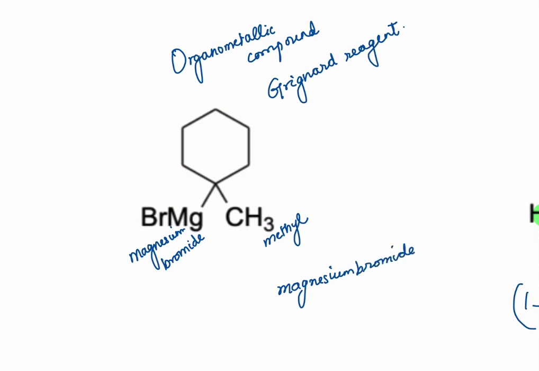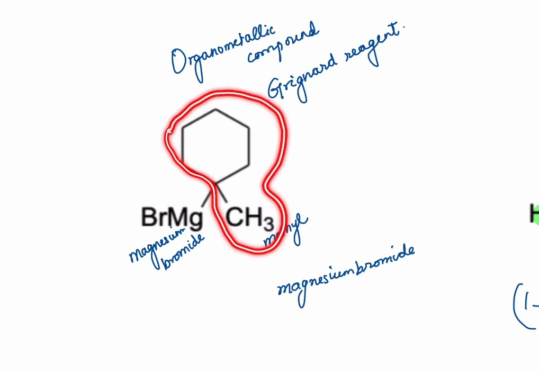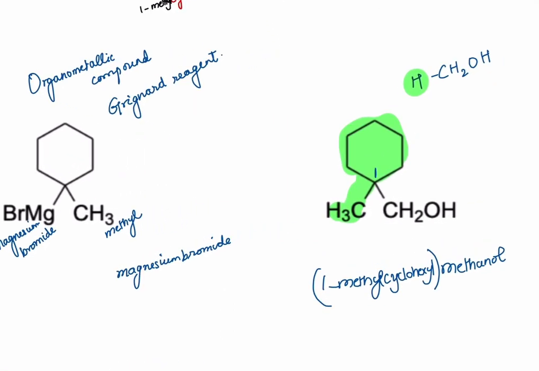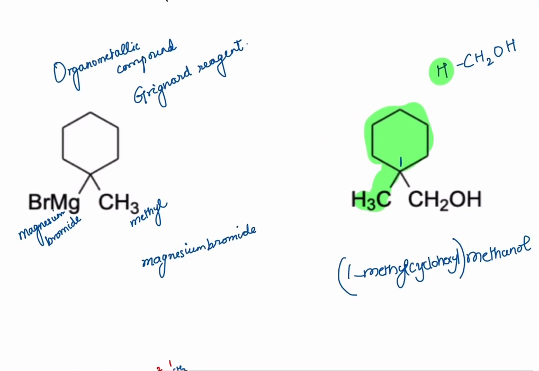And we are going to put this entire substituent in the front. This would be called 1-methylcyclohexyl, similar to what we have learned here. So we are going to put the whole thing within parentheses.